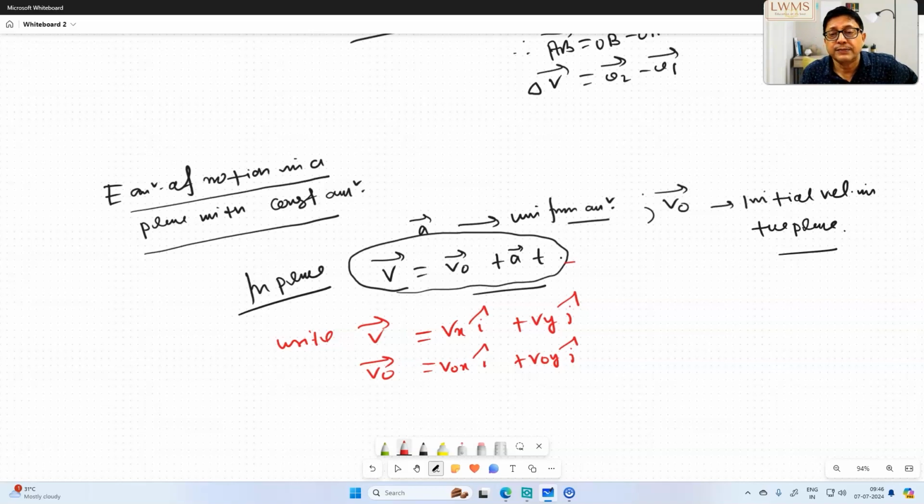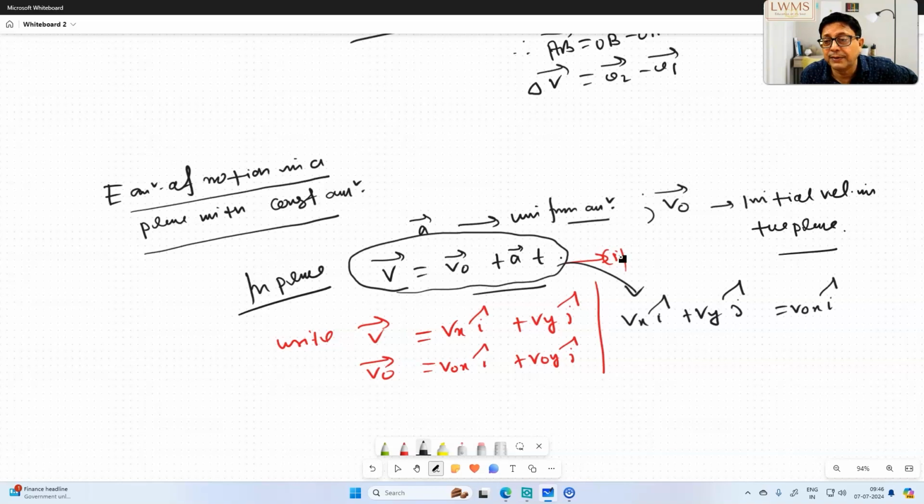If you put it there and then compare the V vector, you write Vx i cap plus Vy j cap equal to V0x i cap plus V0y j cap, and you can write the acceleration vector also.